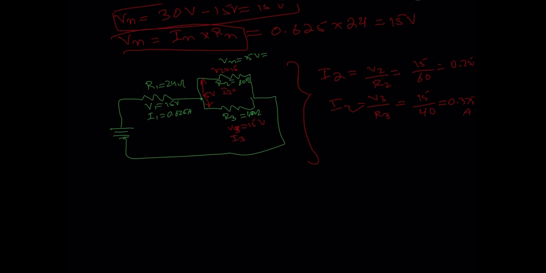So 0.375 amp. Now if you add I2 plus I3, that should give us 0.625 amp. Let's actually add them.